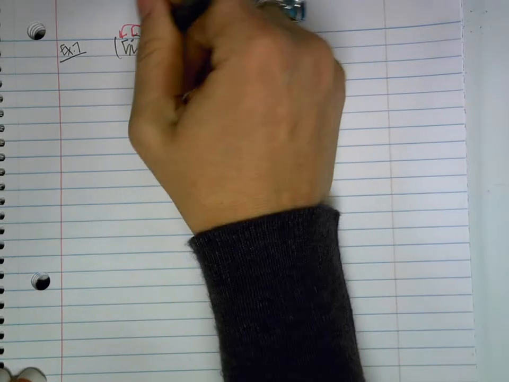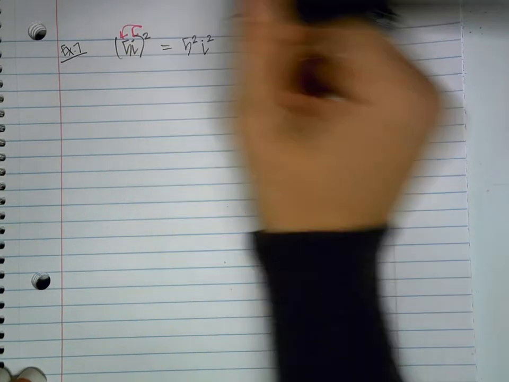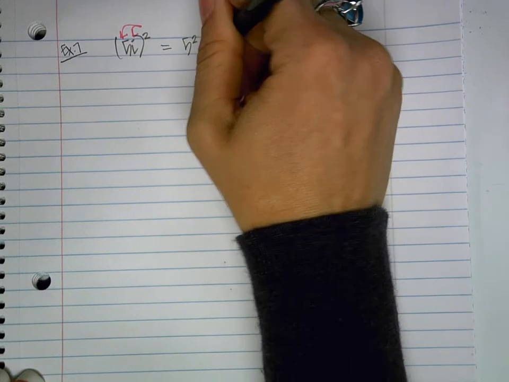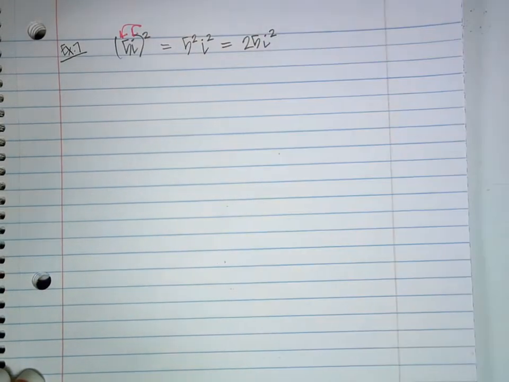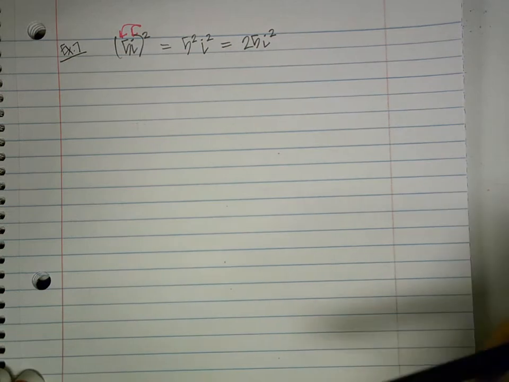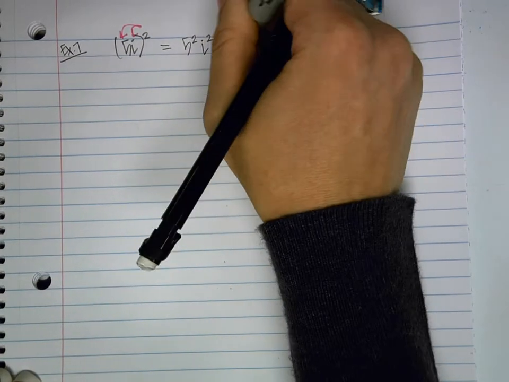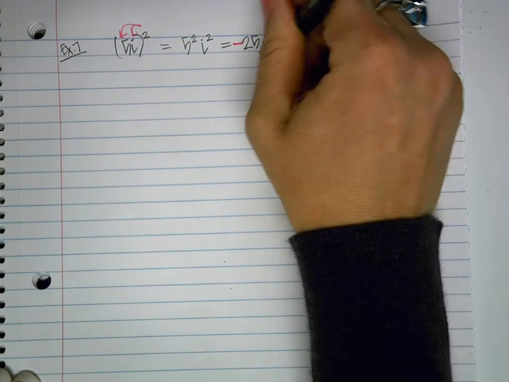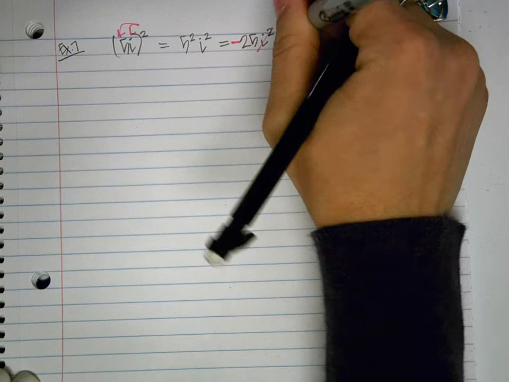So really this is 5 squared times i squared. 5 squared is 25. And what is i squared? Anytime you multiply by -1, so I like to just cross it out and put a negative out front. So this is equal to -25.